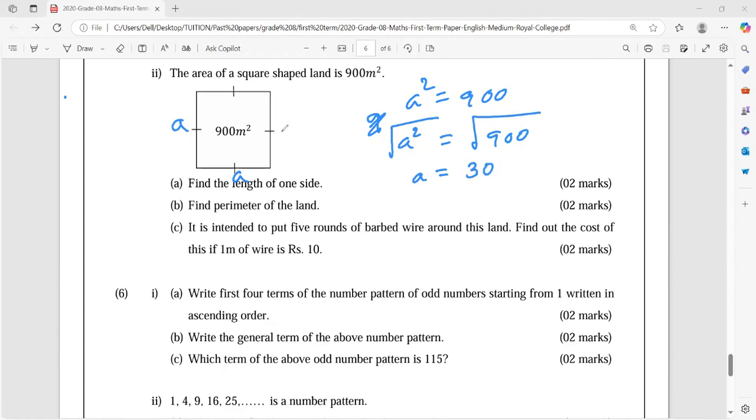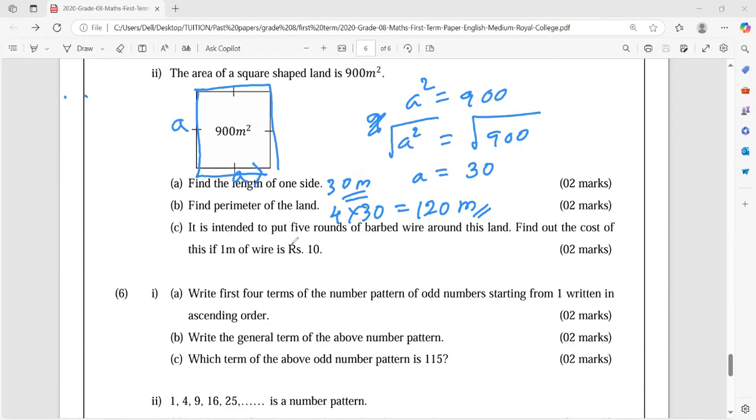So you can write the side length is 30 meters. For the perimeter of the land, the perimeter will be 4A. 4 into 30 is 120 meters. This is the perimeter.